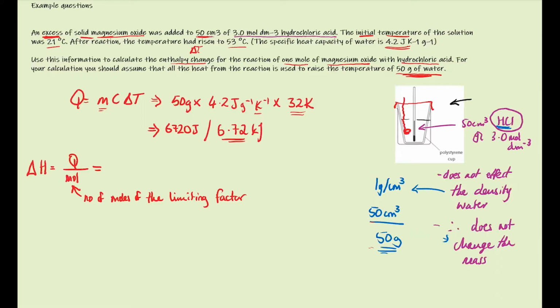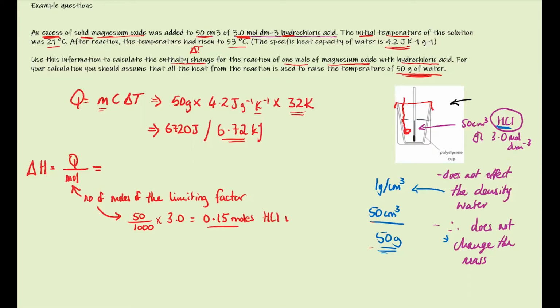So it's actually the number of moles of my hydrochloric acid that I need to work out. So the number of moles here is my 50 centimeters cubed divided by 1,000 to get into decimeters cubed, times by my concentration, which is 3.0, and I end up with 0.15 moles.